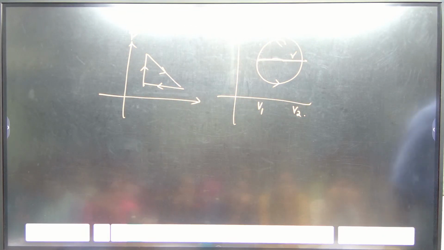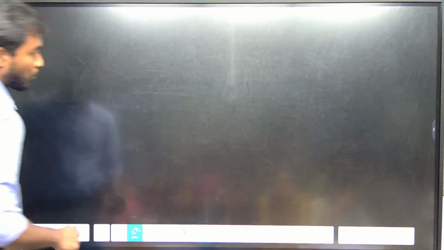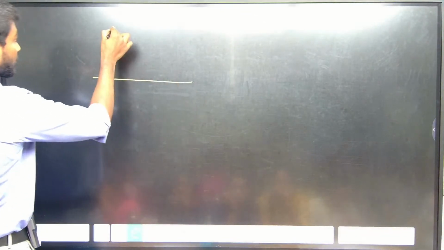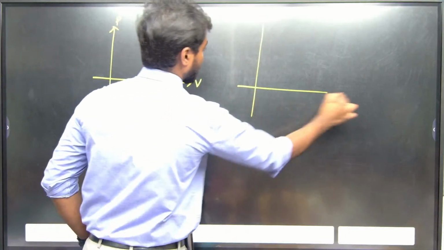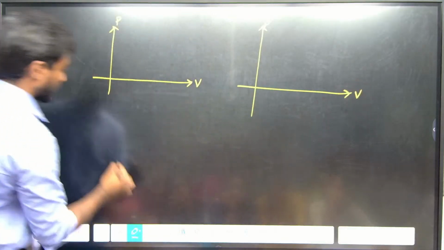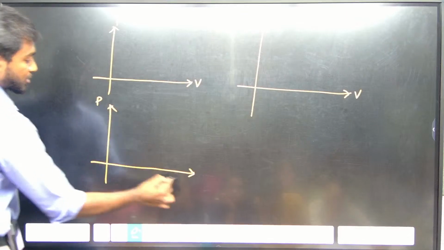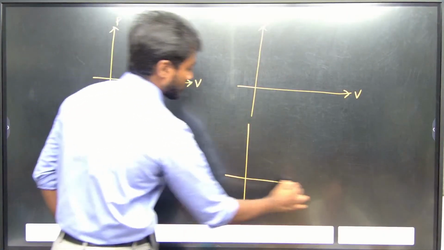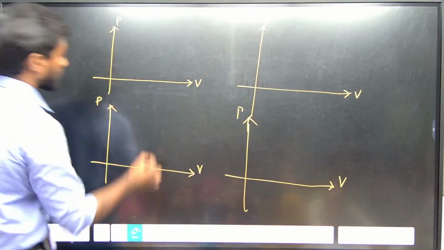Okay. So now I will give some graphs, try to identify the work done. Pressure, volume. This is pressure and this is volume. Pressure, volume. This is pressure and this is volume.